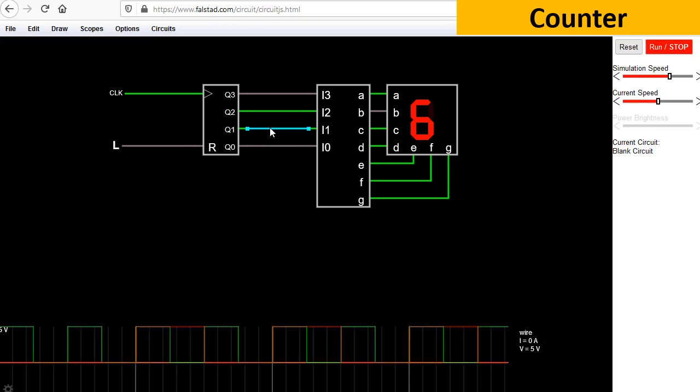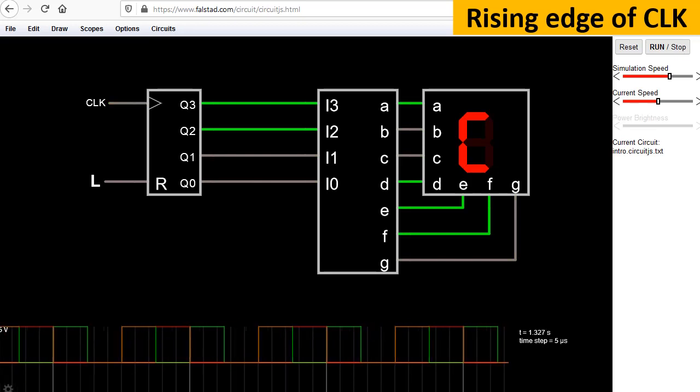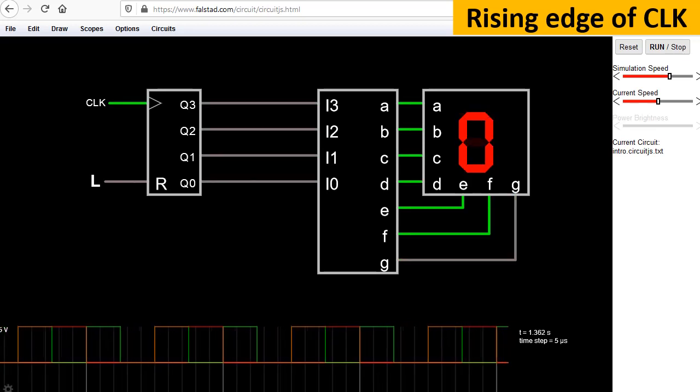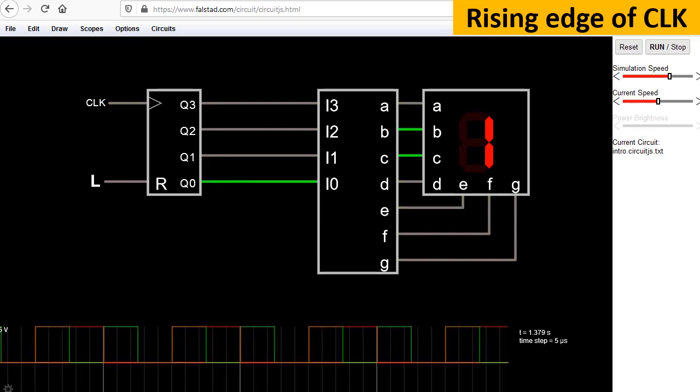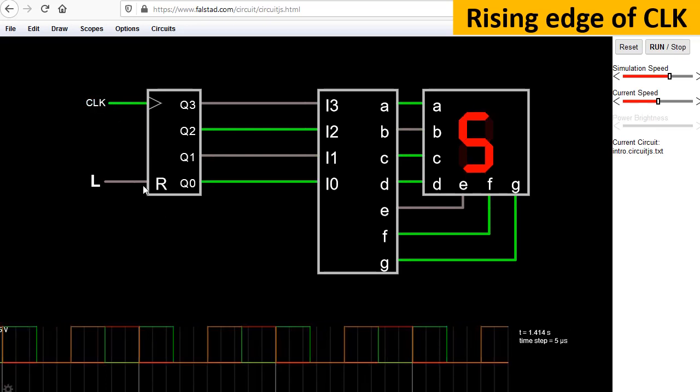This signal is clock divided by 4, by 8, and so on. And very important thing, counter changes its state, so adds 1 on the rising edge of the clock.